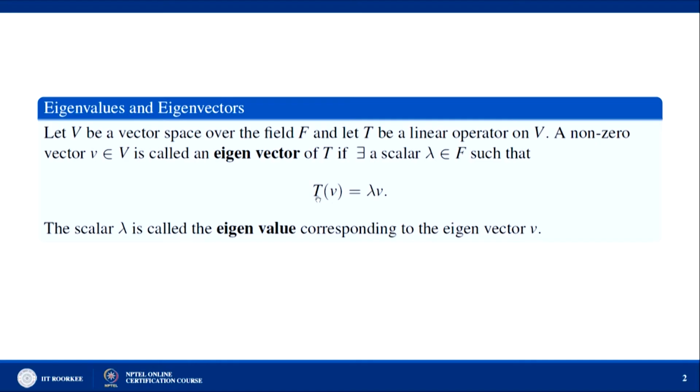So if we have a linear operator T and a non-zero vector v in V and there exists a lambda belonging to the field such that Tv equals lambda v, then we say that lambda is the eigenvalue and the corresponding eigenvector is v.